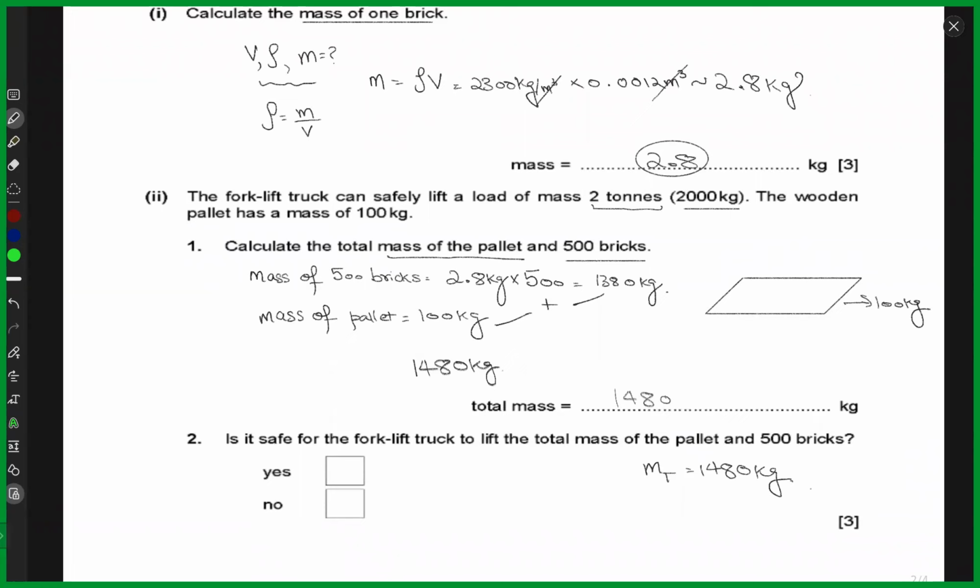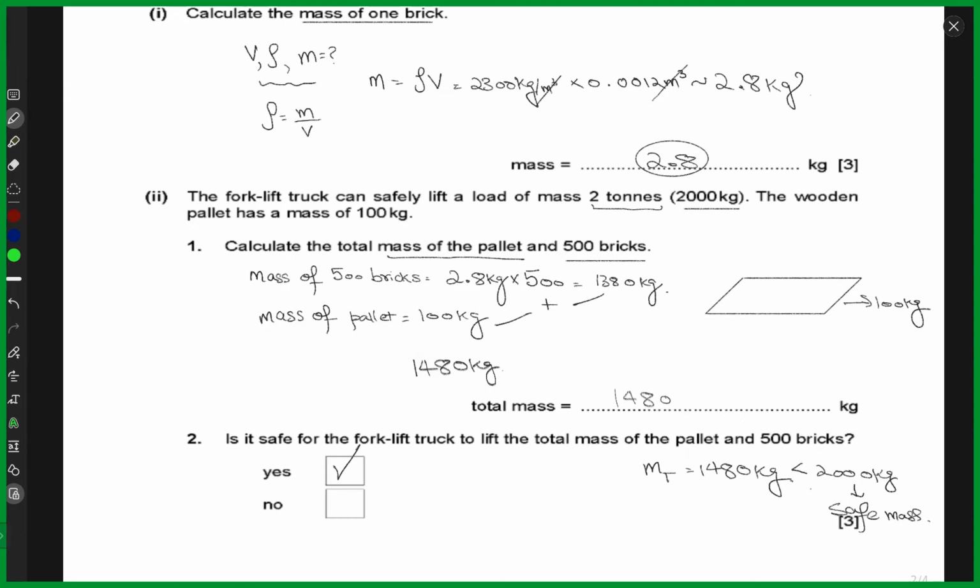Exactly, because 1,480 kilograms is less than 2,000 kilograms, and this 2,000 kilograms was the safe mass. So anything less than that would also be safe for the forklift to carry, and hence, of course, yes, it can lift safely all of the 500 bricks.